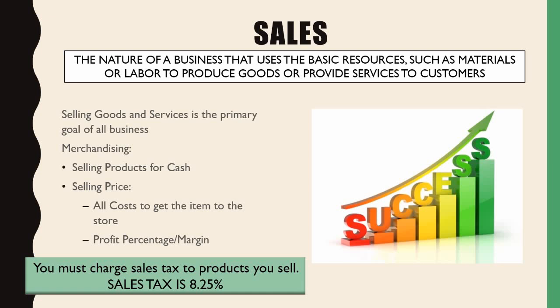I have to cover all of those business expenses. So my profit percentage or profit margin needs to be focused around, well, if for this month my rent is $1,500, I need to make some kind of profit margin that allows me to cover that cost as well. So that's usually what the profit percentage or profit margin can be.